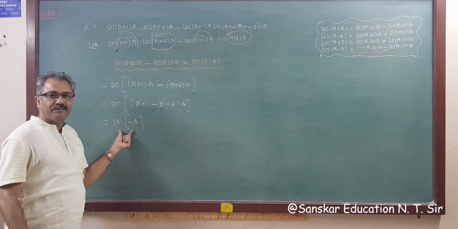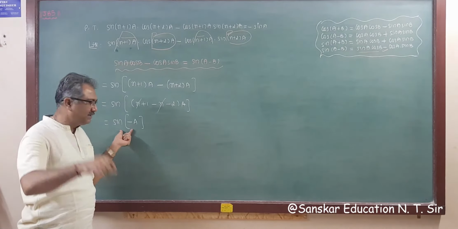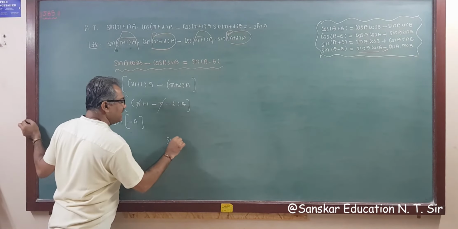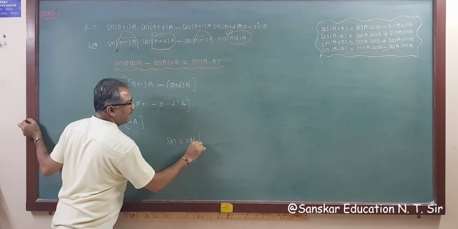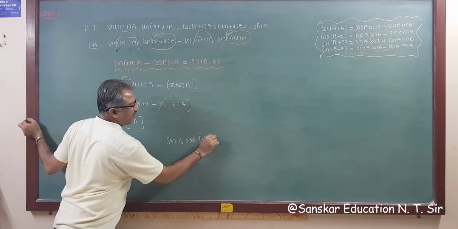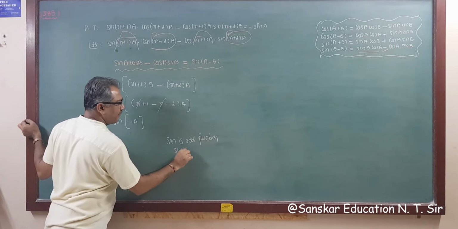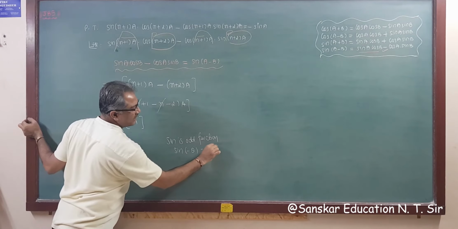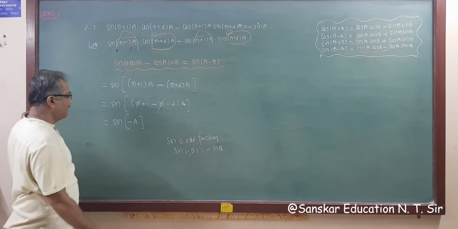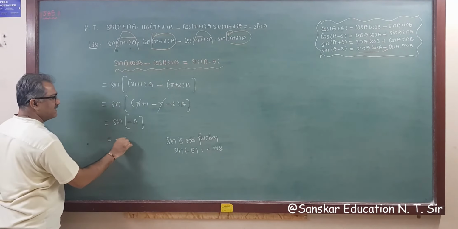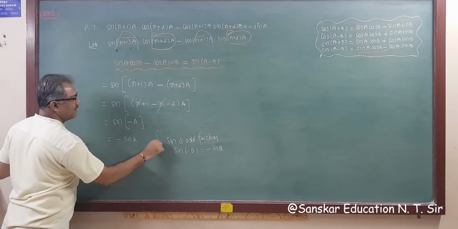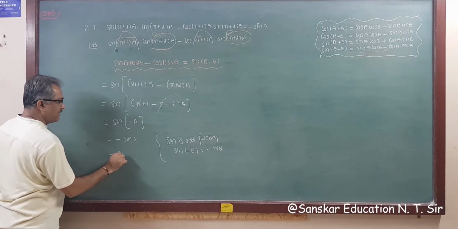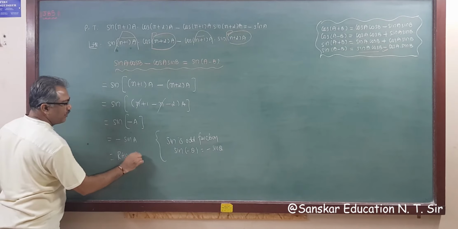And now sin is an odd function, so the answer of sin minus theta is equal to minus sin theta. So the answer will be minus sin a, and this is your right hand side that you wanted to prove.